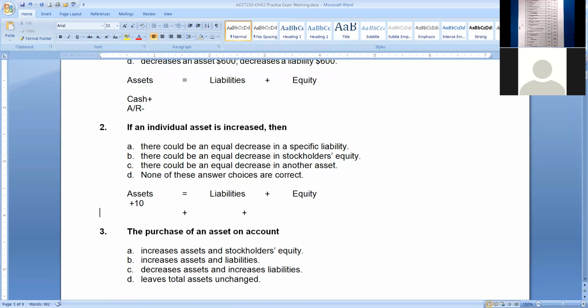If it has to balance, these are kind of the possibilities. I'm giving you the impossibilities just to let you know. This would be an or.